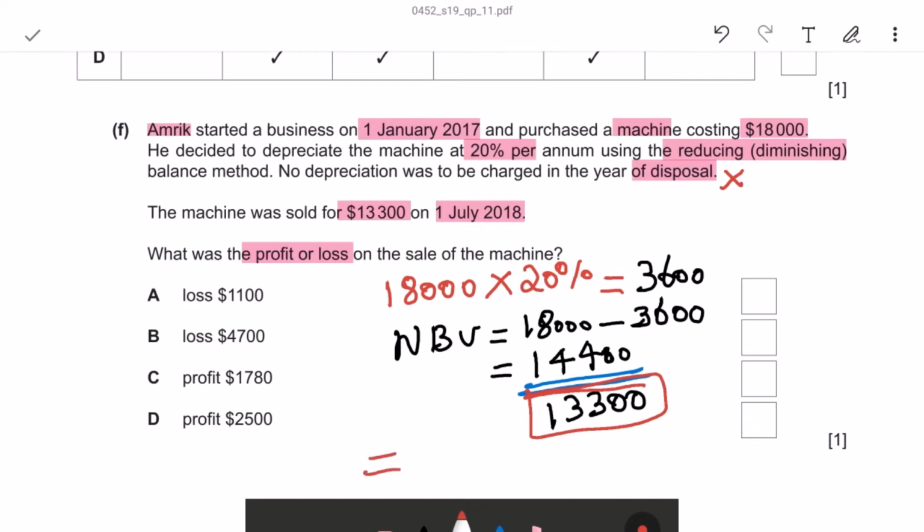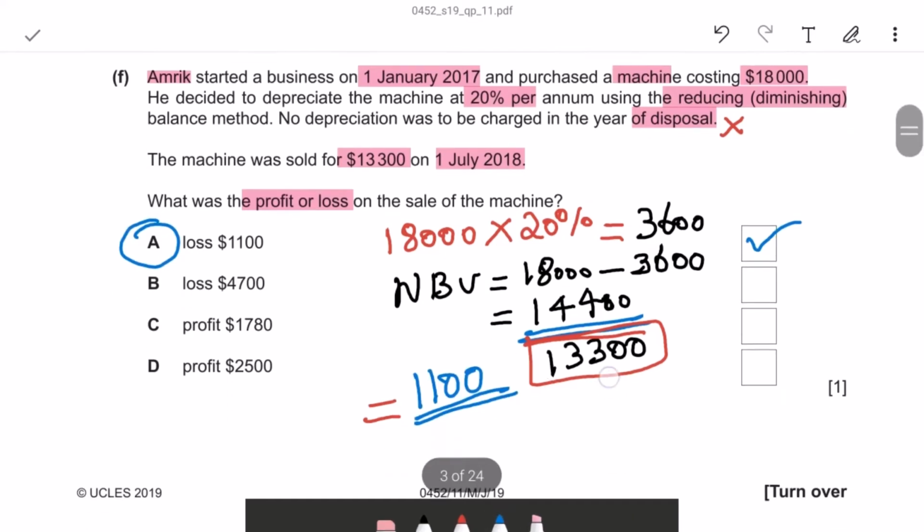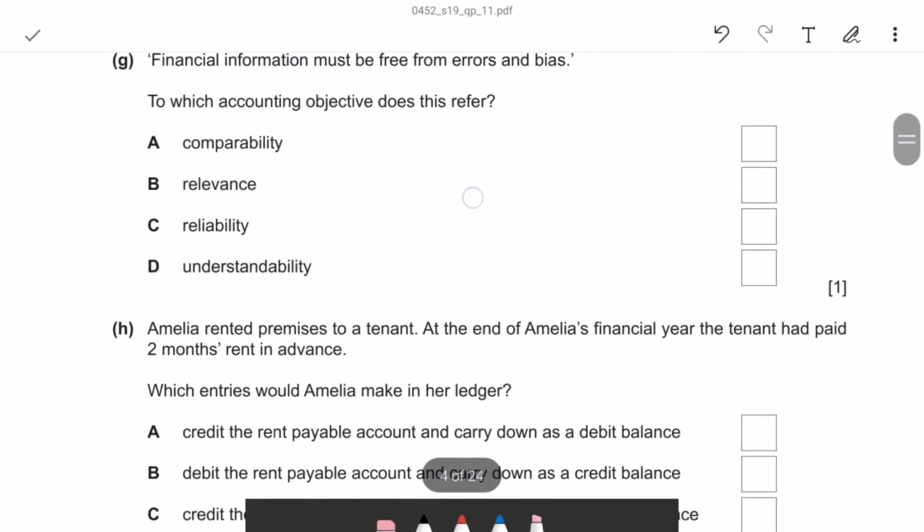The difference is 1,100 loss. Actual value is 14,400, but they didn't get 14,400. They just received 13,300. So it is a loss of 1,100. So the correct answer is A. Let's move to the next question.